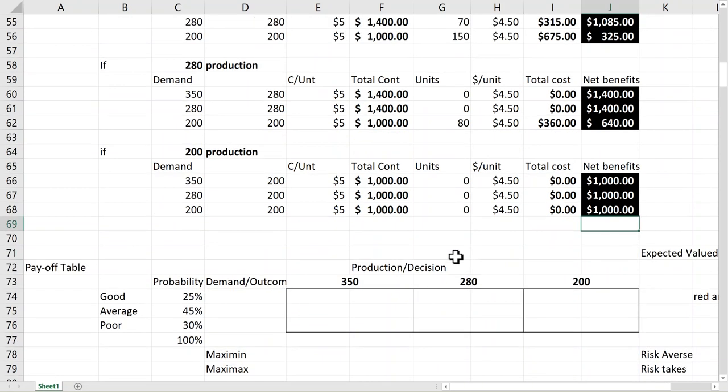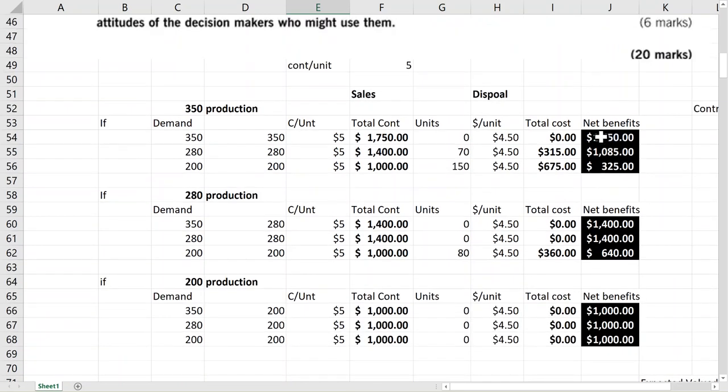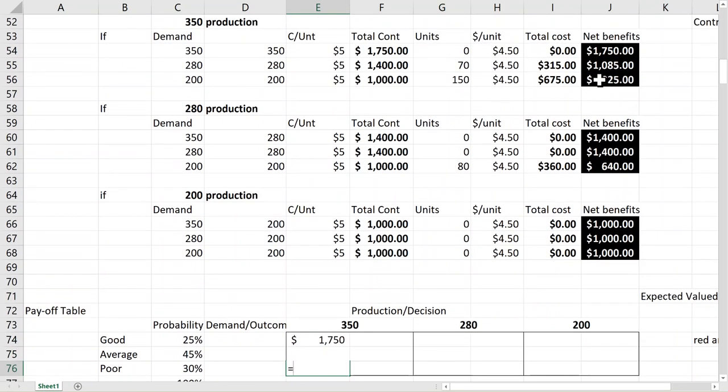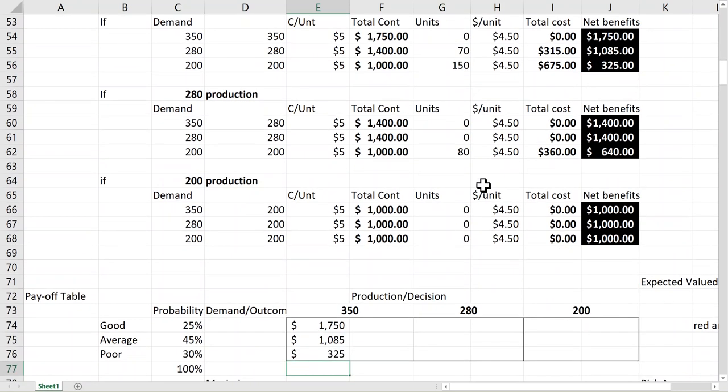Now putting all of them in a table is called a payoff table. So if I write the decisions at the top and write their outcomes here, 280 and 1,000.